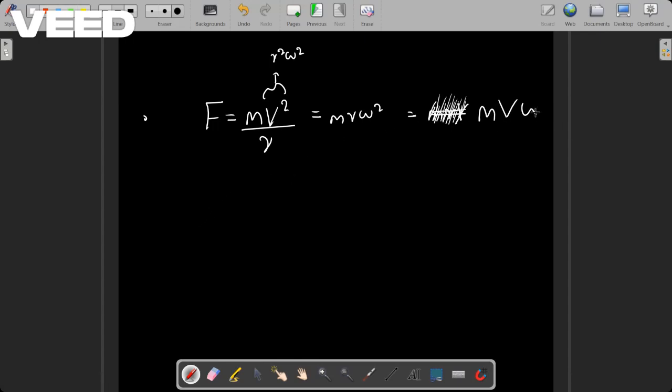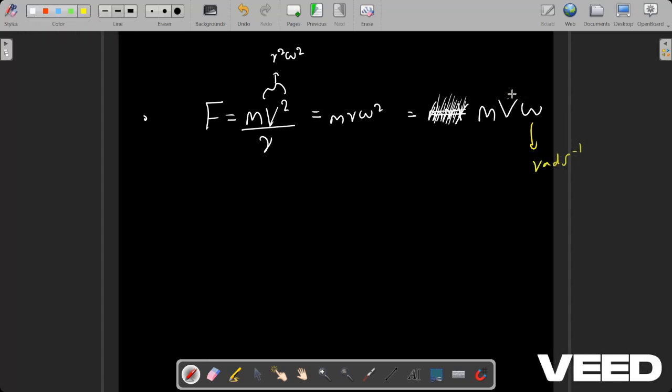Omega means the angular velocity, v the linear velocity, m the mass of the object, F the centripetal force. The units should be SI units: radians per second, meters per second, and mass in kilograms.